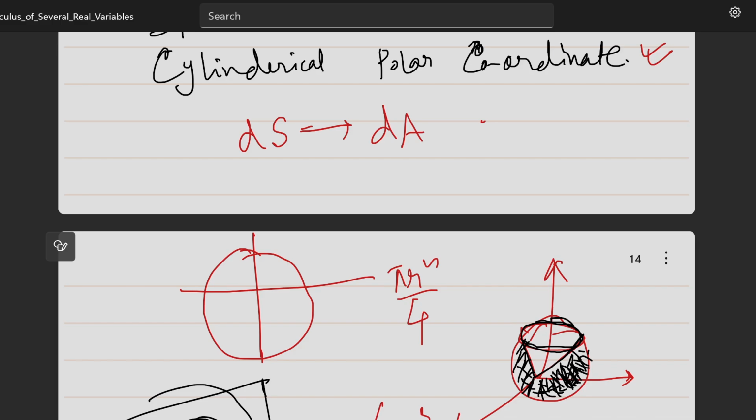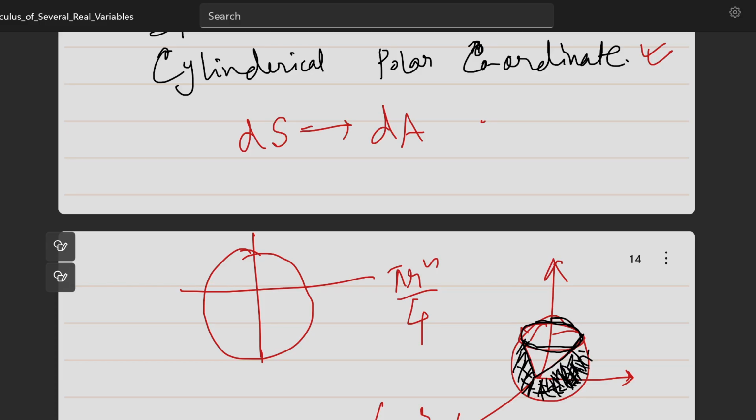Then the main thing is you have to find the limits carefully. Like that only you have to solve the questions. The main thing is you have to draw the graphs, that I already did in all my classes, and you have to solve it.